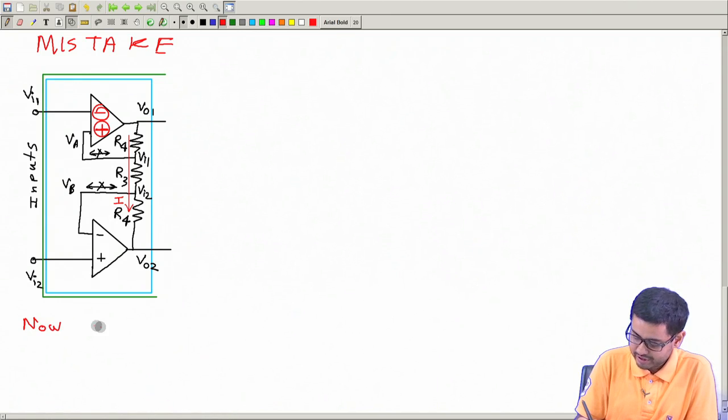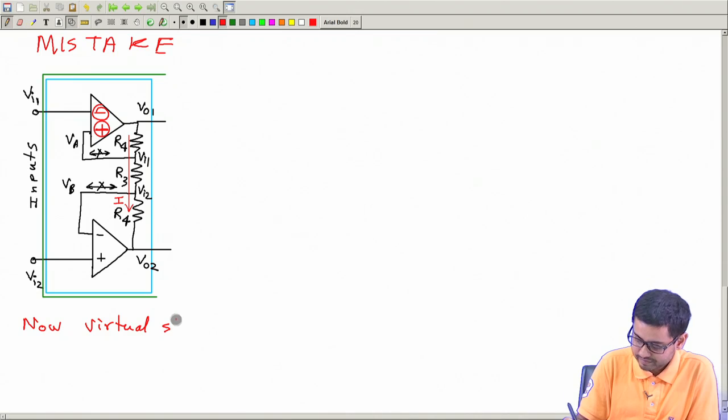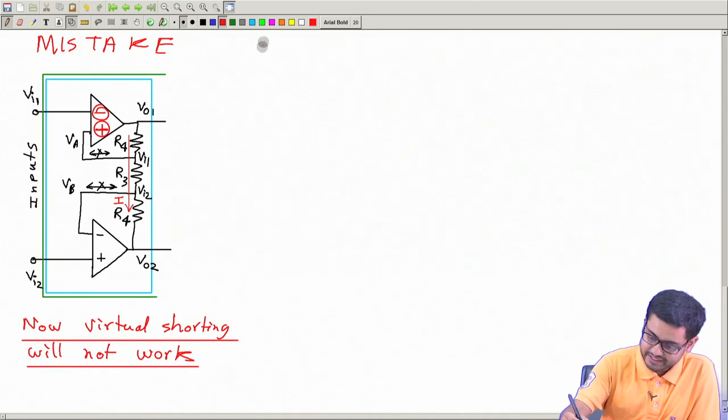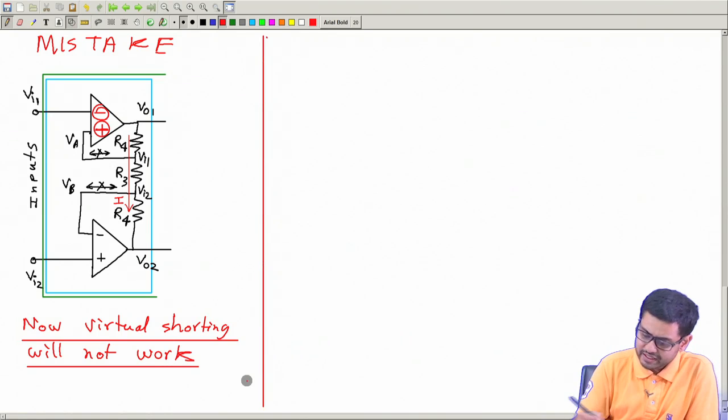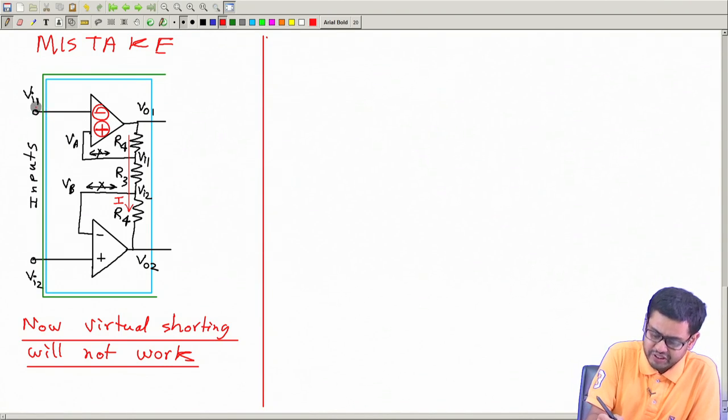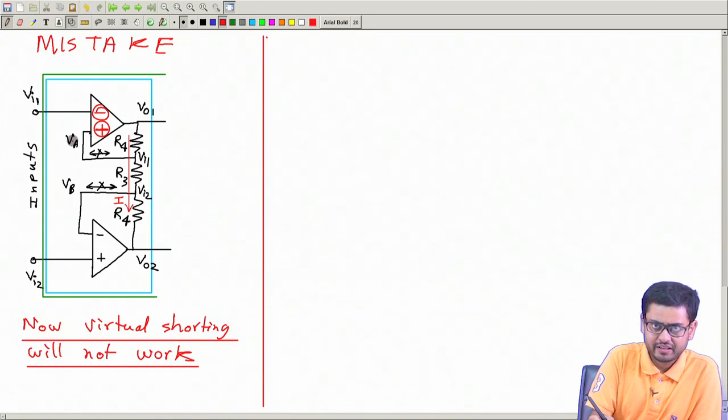Now, virtual shorting will not work. Why? Let us see. Say Vi1 increases from Va slightly.